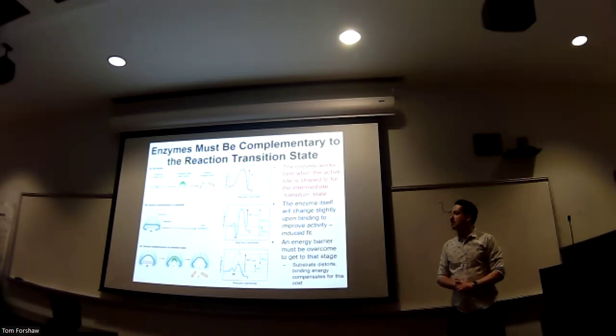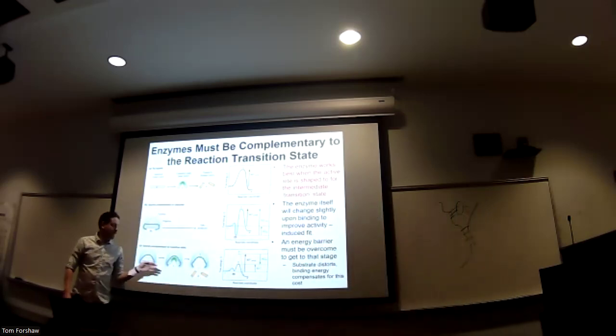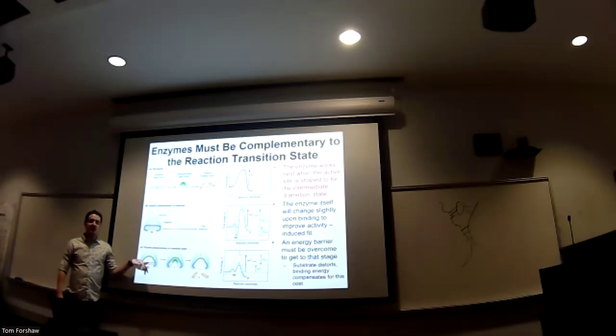And so, in fact, what you find is that in this bottom model here, where the substrate binds to the enzyme fairly well, it'll fit in there nicely, but the enzyme is shaped to fit the transition state. And because it's shaped to complement the transition state, the substrate wants to become the transition state.